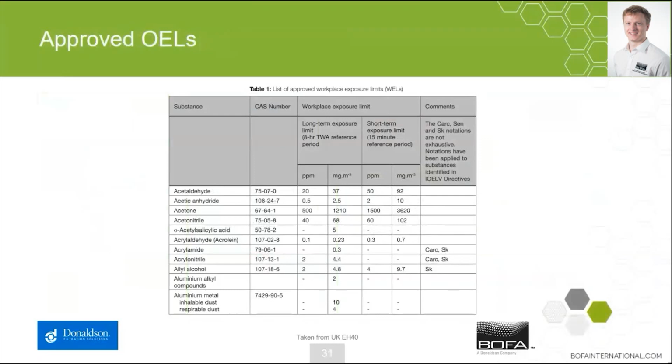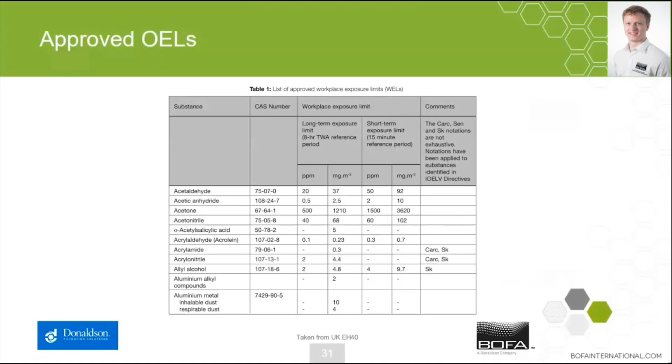But as each chemical has dozens of names, depending on what naming system you use or what language you speak, the second column has a CAS number, which is a registration number specific to that chemical, so you know exactly what you're talking about. The third and fourth columns give exposure limits, assuming you're working 8 hours a day, 40 hours a week. It gives a value in parts per million or milligrams per meter cubed, but this is exactly the same number, it's just a different way of measuring it.